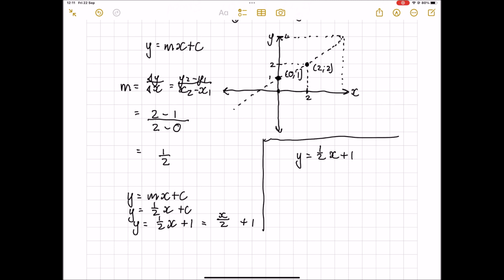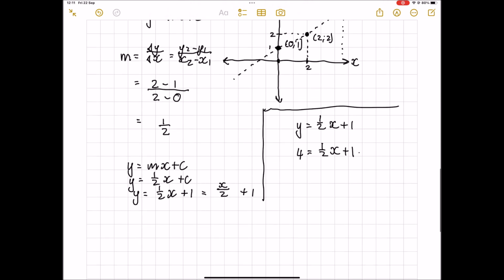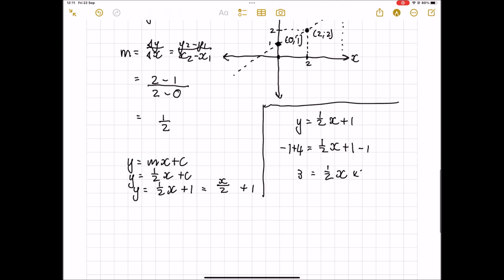So then you can substitute the corresponding y value in as 4, equals half x plus 1, and then subtract 1 from both sides. Then you get 3 is equal to half x. And then you times both sides by 2.